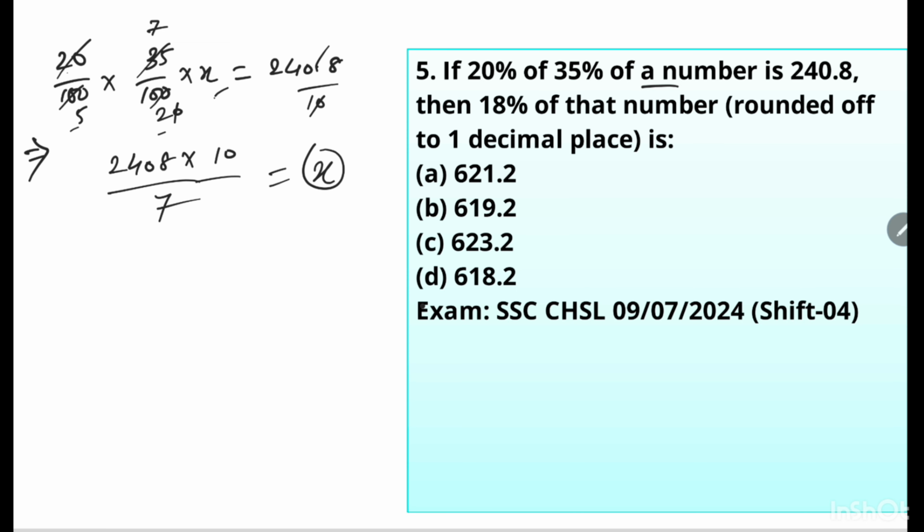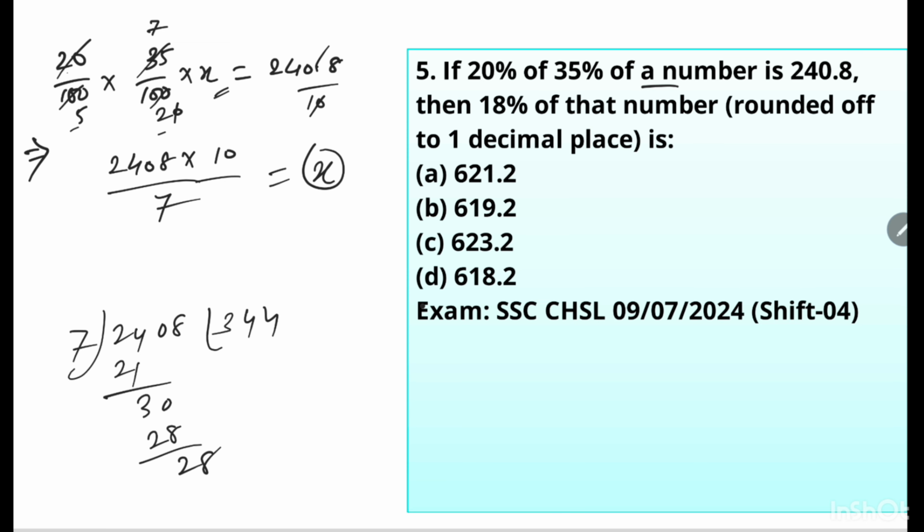So we will divide this number by 7. If you divide 24, this will be 3 times, and then how much do we have? 344.